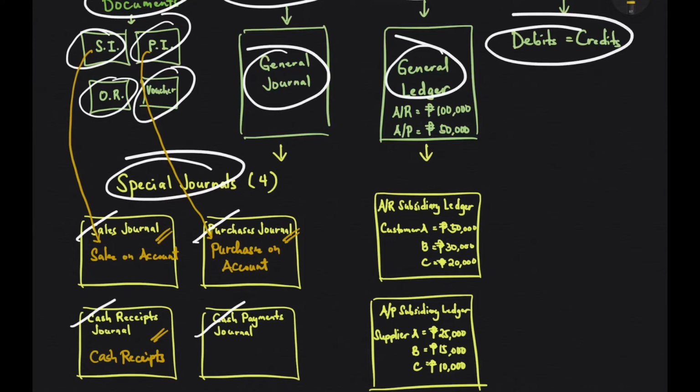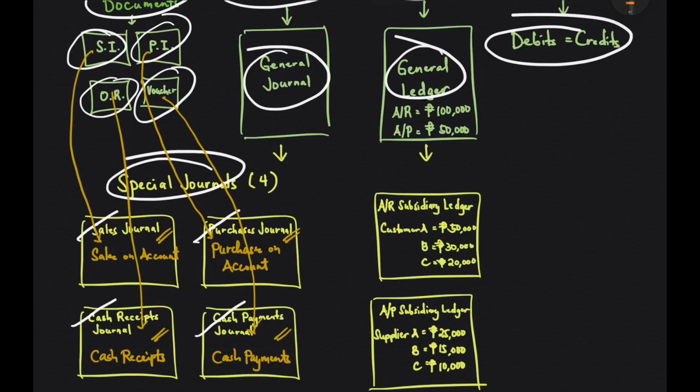One of the business documents related here would be the official receipt. And finally, we have the cash payments journal, which takes in all cash payments, or anything that would allow the company to credit its cash account. One of the business documents related here would be the voucher.